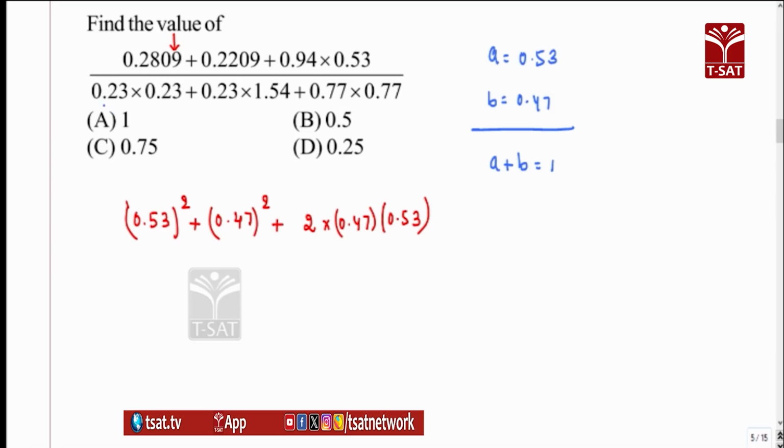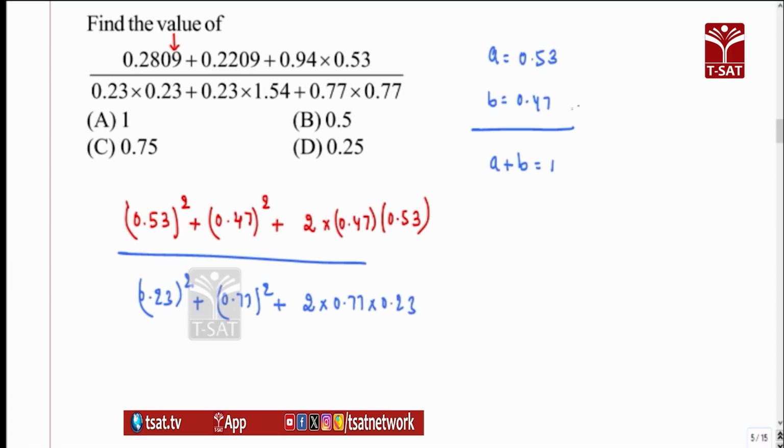In the denominator also, if you look, it is 0.23 whole square plus this 0.77 whole square. 0.54 you can write as 2 into 0.77 into 0.23. Now look at the denominator. a is 0.23 in the denominator, b is 0.77.